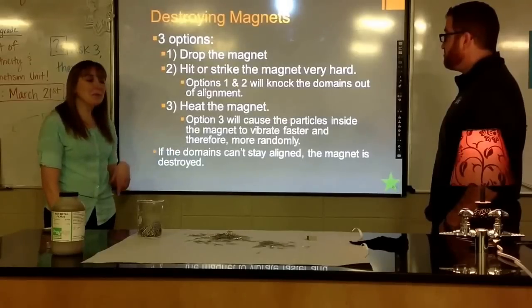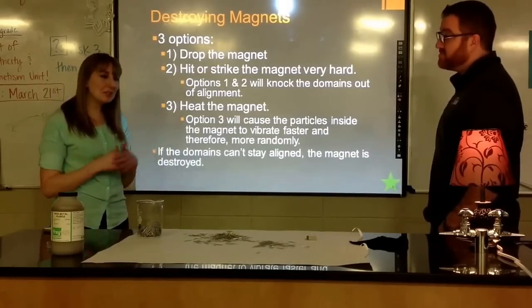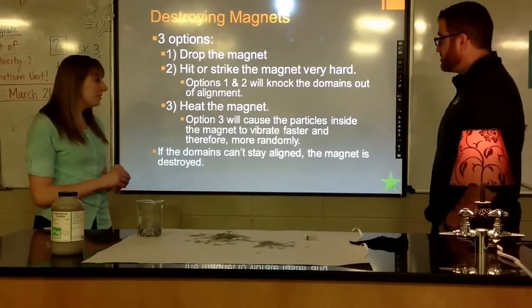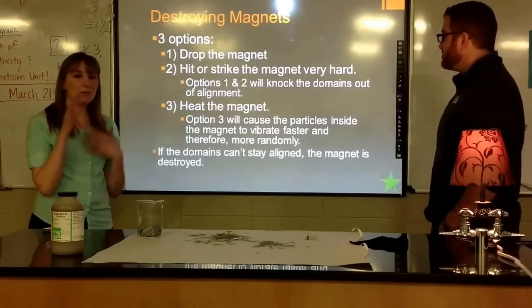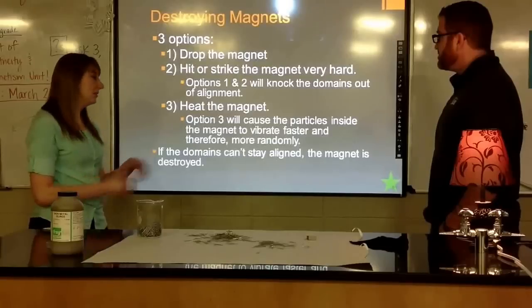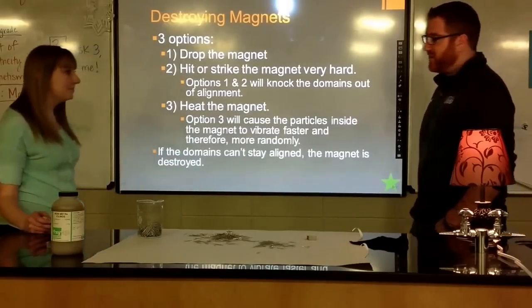If we heat up the magnet, you guys might remember this if you did some chemistry in 7th grade, it's going to cause the particles inside to vibrate and move faster and more randomly, and then those domains aren't going to stay aligned either. So it's all about the domains. Interesting.